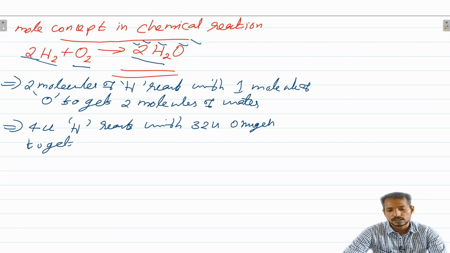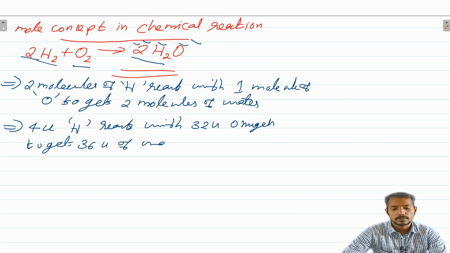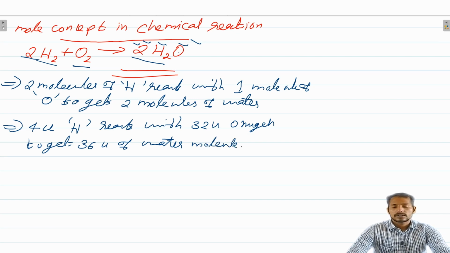So 4 plus 32 is 36u of water molecule. That is the third piece of information we get, which is very important.